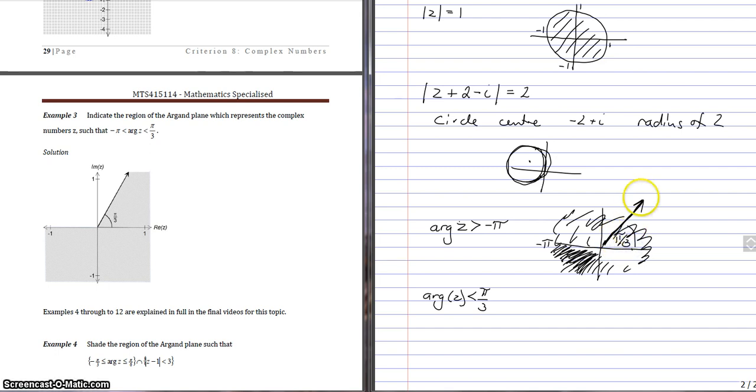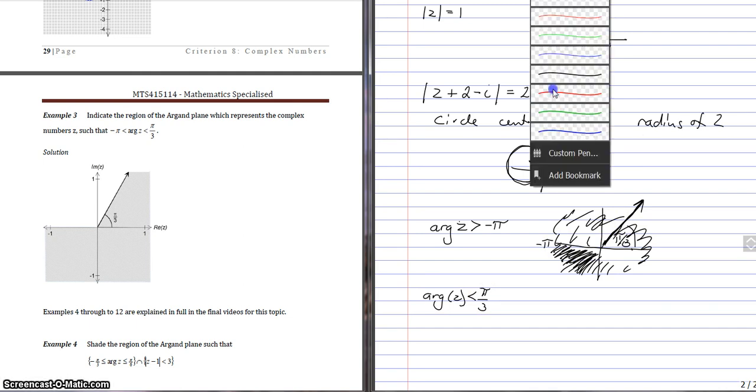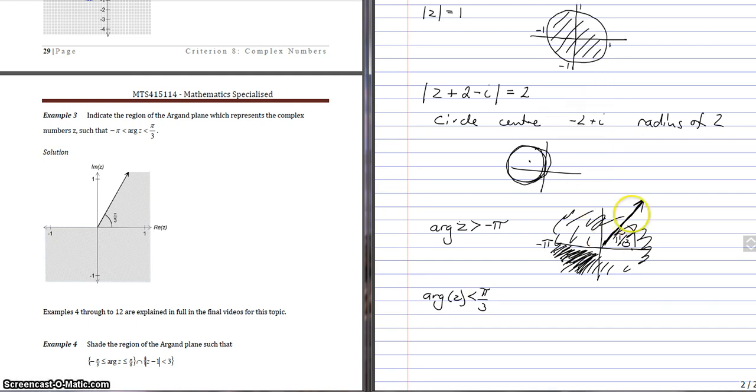The argument of z is all angles less than pi on 3. I'll change pen colour here to green, it's all of these angles less than. If we go less than, it's going to go round here and even into the negative, and we can go all the way around the other way.